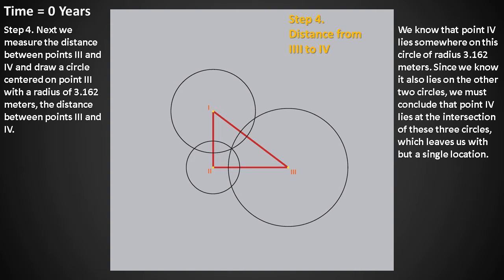We know that point 4 lies somewhere on this circle of radius 3.162 meters. Since we know it also lies on the other two circles, we must conclude that point 4 lies at the intersection of these three circles, which leaves us with but a single solution.